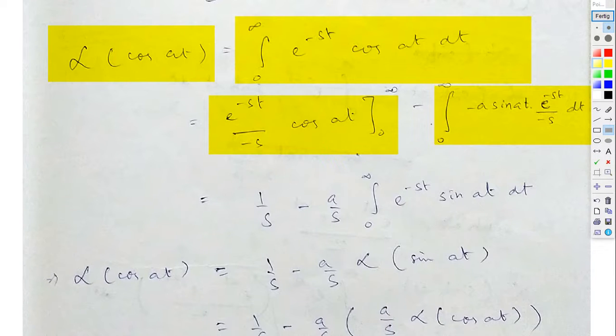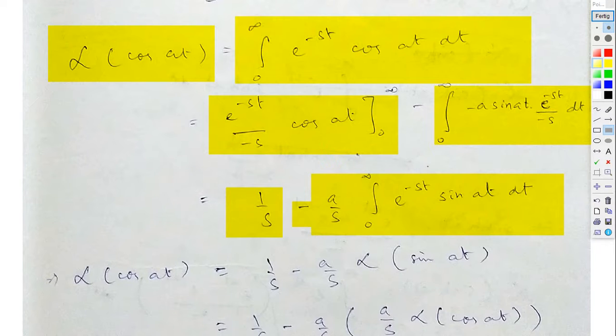Using the limits, we get 1 by s minus a by s, where 1 by s comes from the limit and the other term keeps its minus sign. Here a by s is common, times the integral from 0 to infinity of e to the power minus st times sin at.